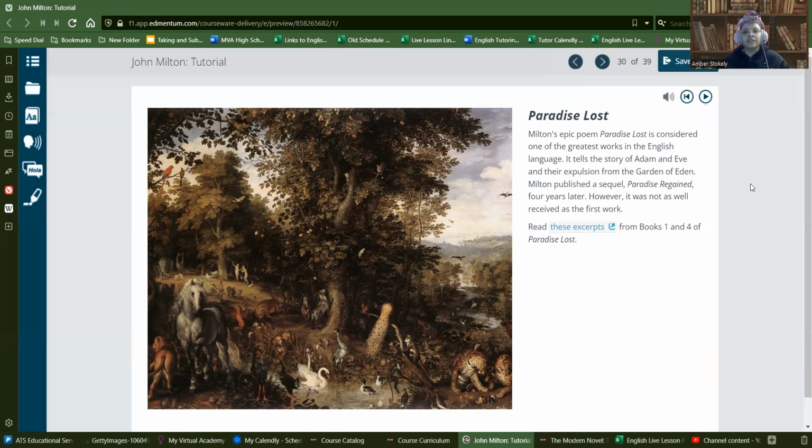Paradise Lost, again, is considered one of the greatest works in the English language. It's supposed to be the Christian answer to not just the Catholic Dante's Inferno, the Divine Comedy, but also a modern version of an epic.